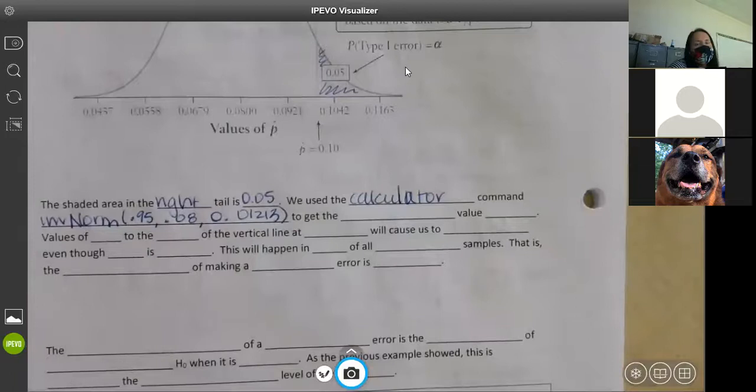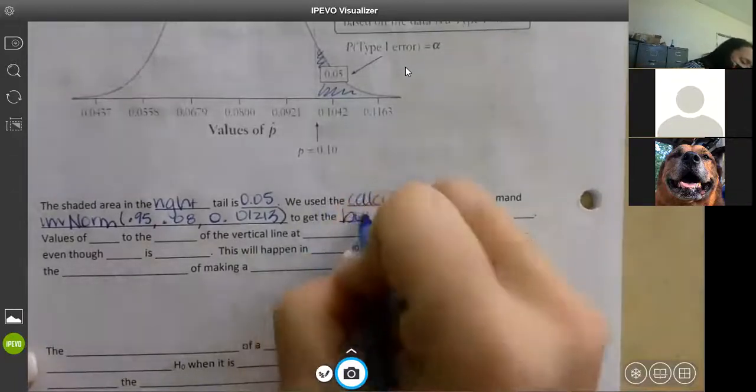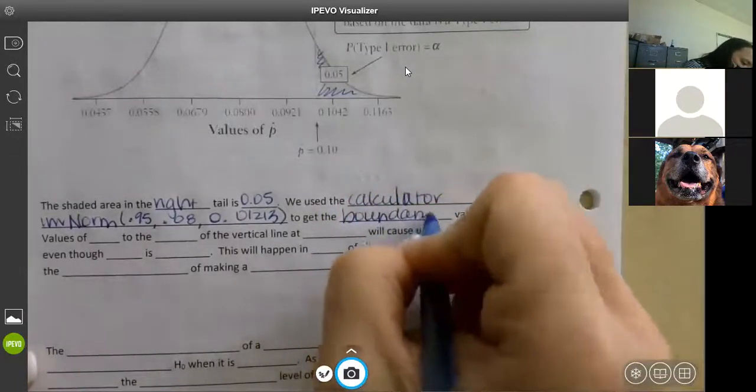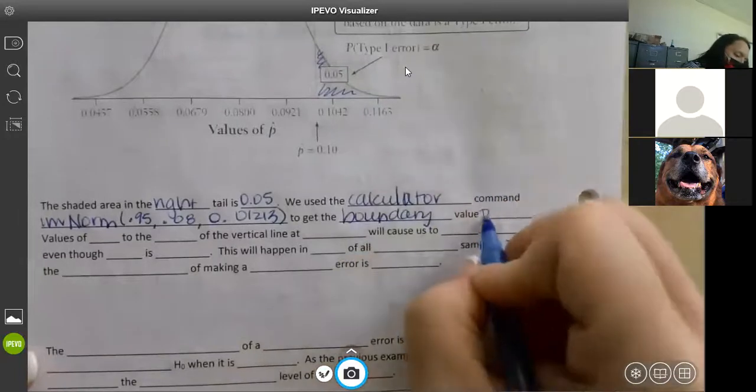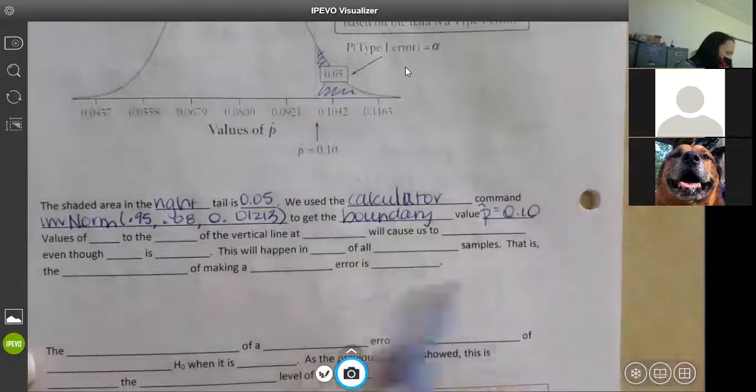So the area, the mean, and the standard deviation, to get the boundary value of p hat equal to 0.10.